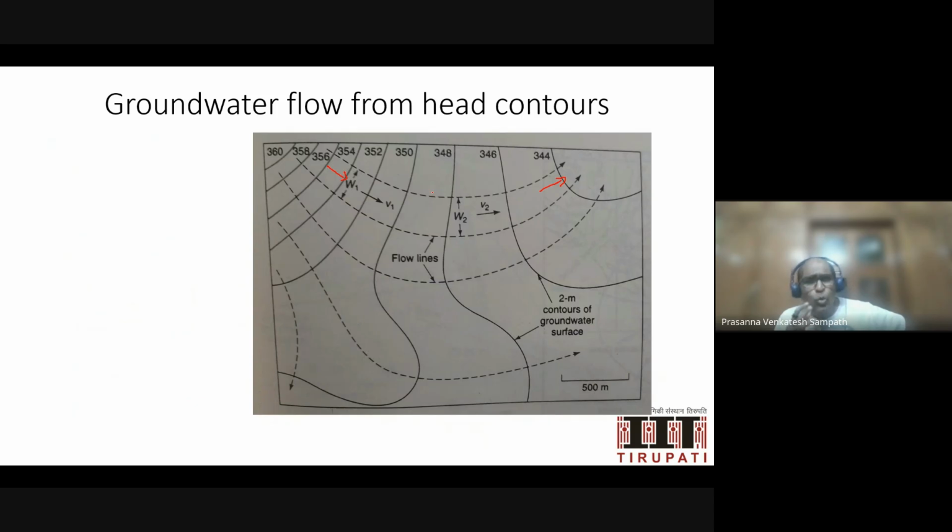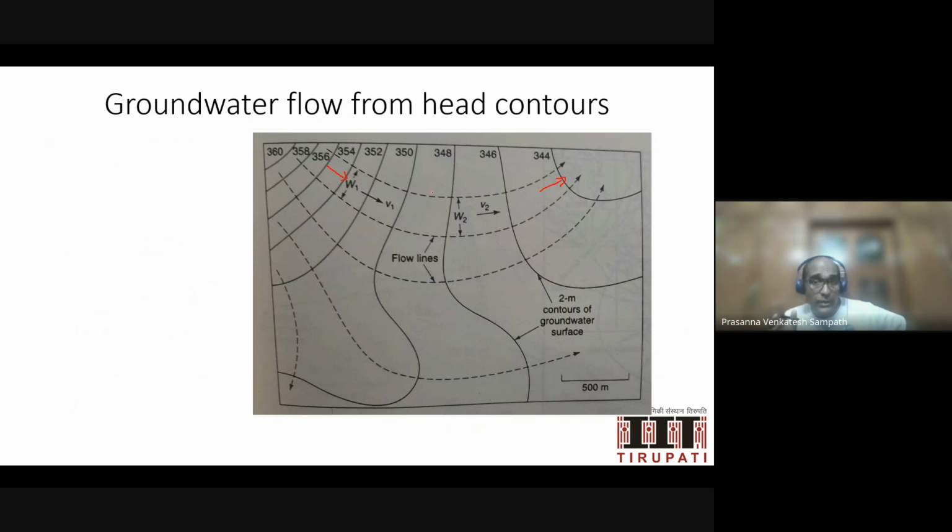So what is causing this change in the spacing of the contours, and what is causing the width between the two flow lines to not remain the same? One possibility is that there is some additional water getting into the system.